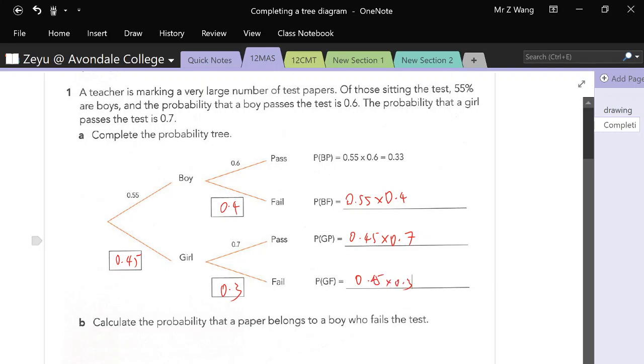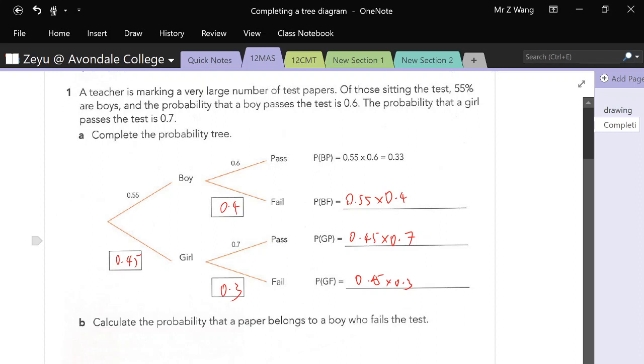Now, calculate the probability that a paper belongs to a boy who fails the test. For this question you have to understand what it actually means. We've talked about the meaning of these probabilities. So this one is the probability of a boy passing.